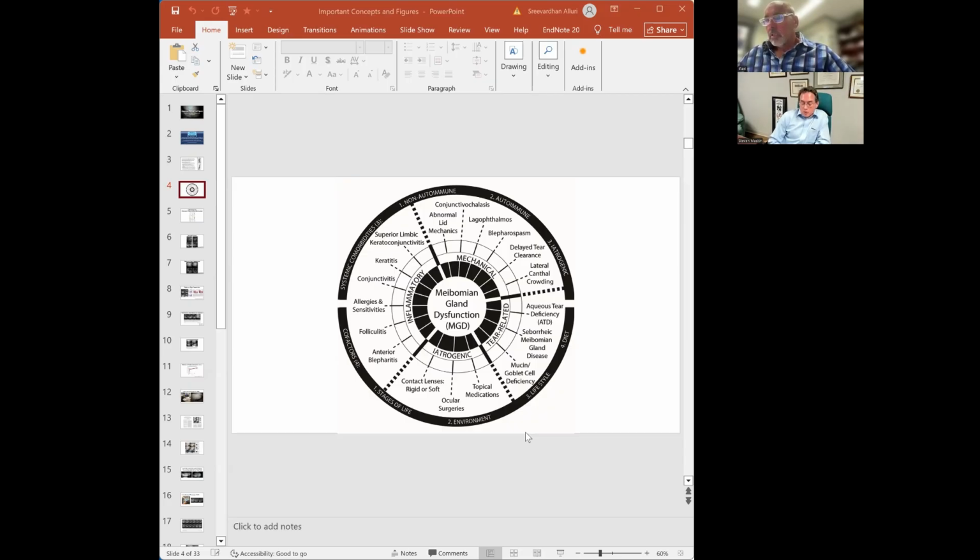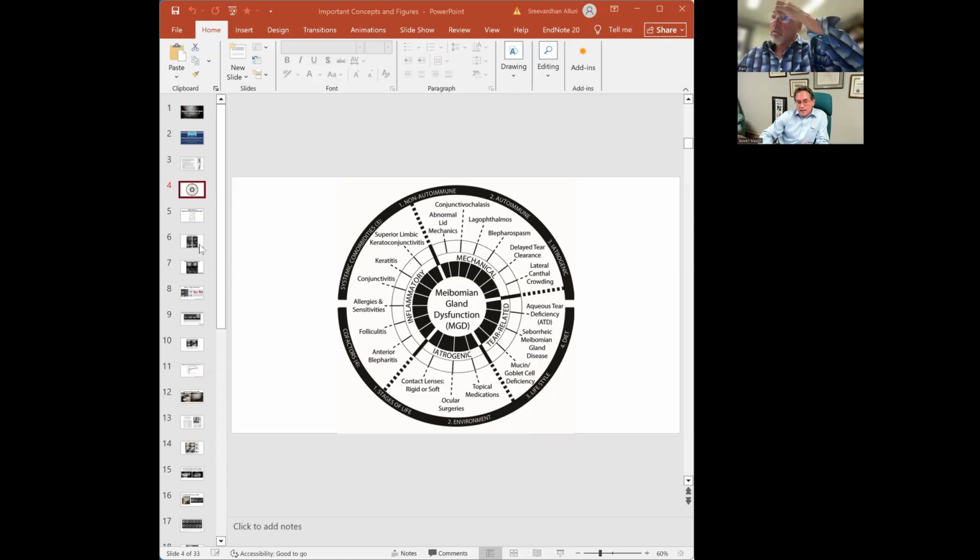Scar tissue in this case occurs around the duct wall. This was the aha moment I had in the mid 2000s when I had a middle-aged man who was suffering greatly, in pain, but yet he was able to make watery tear. So I had developed a prototype to try and understand this disease.